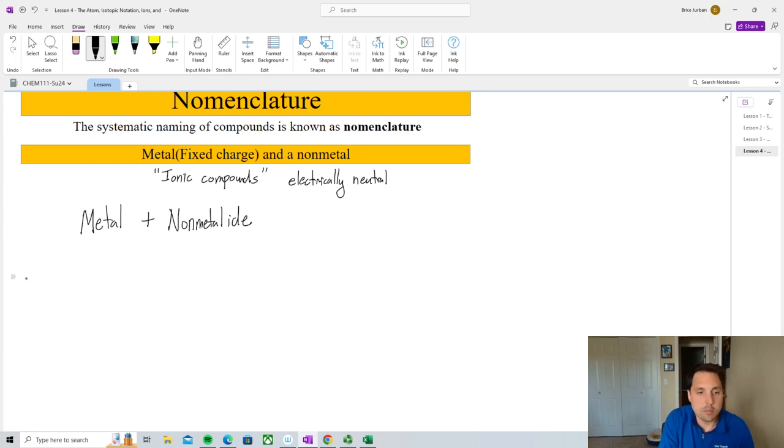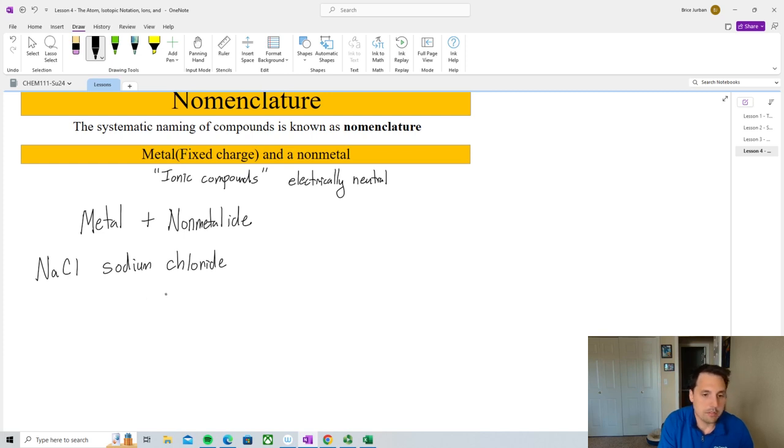So if I form a compound that's made of sodium and chlorine, we'll name it as sodium chloride. So there's going to be a space, and all of these are going to be lowercase names. The names of chemical compounds are not proper nouns unless they're used in a title, or you're listing this as the first word in a sentence, then you could capitalize it. But typically it's not capitalized.